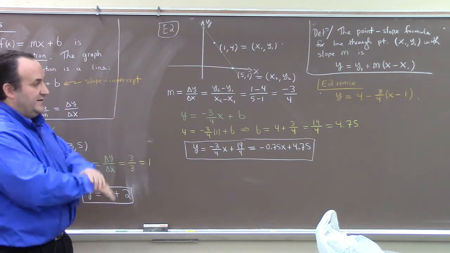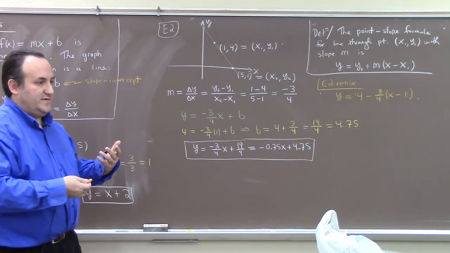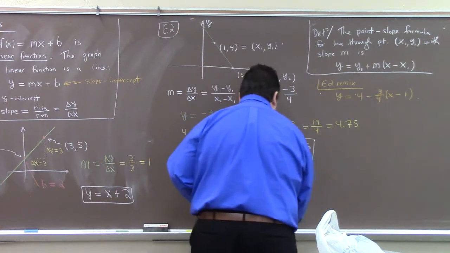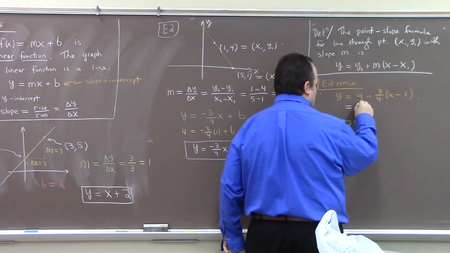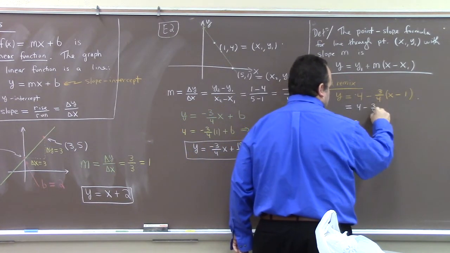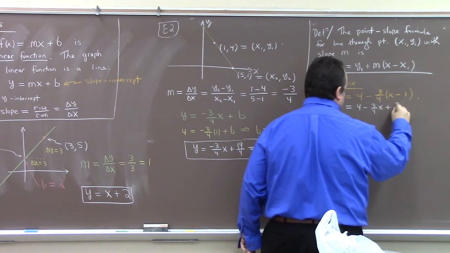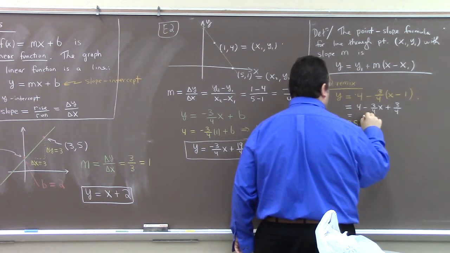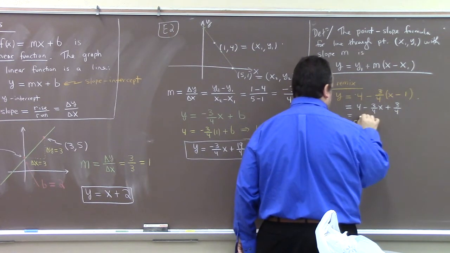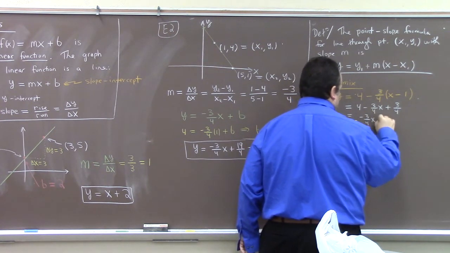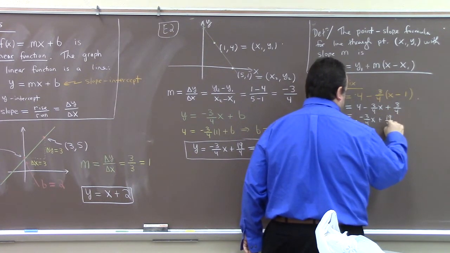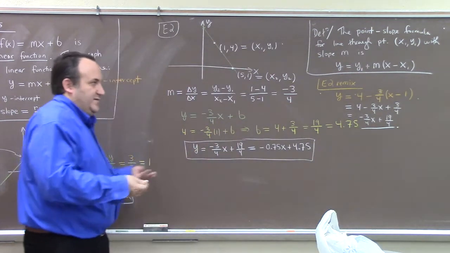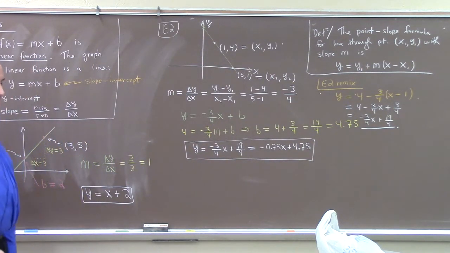And then if you want to put it back into slope-intercept form, you just multiply. This is equal to 4 minus 3/4 x plus 3/4, which brings us back to minus 3/4 x plus 19/4, or however you want to write it. Of course, they're going to have the same equation when you put them in the same format.